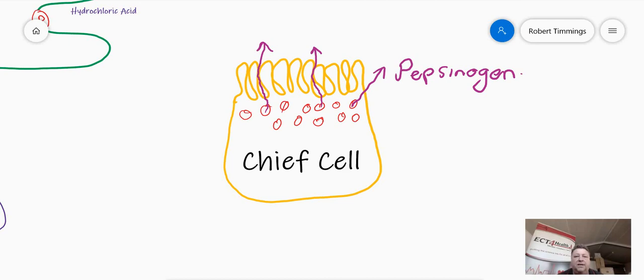As an ogen, it's a precursor to an enzyme. Any enzyme or protein in the human body that ends in ogen needs to be activated. So pepsinogen is secreted by chief cells into the stomach, and it's waiting for something to switch it on. Again, we'll come back to pepsinogen.